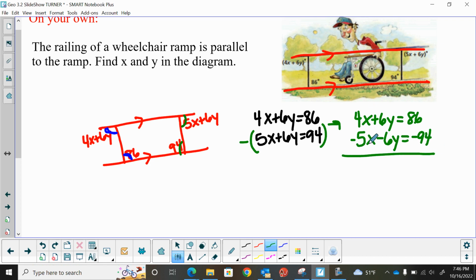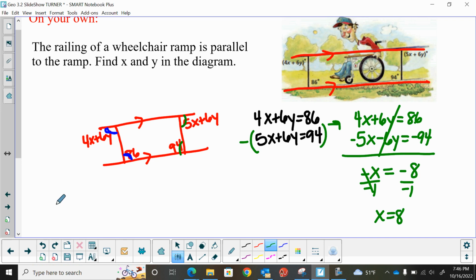So then if I add together my x's, my y's, and my constants, 4 minus 5 is negative x. My y's eliminate. And then 86 minus 94 is negative 8. But I want to know what x equals, not negative x, so I need to divide both sides by negative 1. So I get x equals 8.